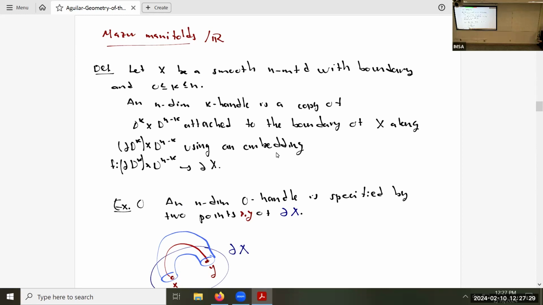So let me go to the topological part. Let me recall that if you have a smooth n-dimensional manifold with boundary, you can attach some handles. So you're attaching basically topological cells, and you make them of the right dimension to continue to have an n-dimensional manifold.